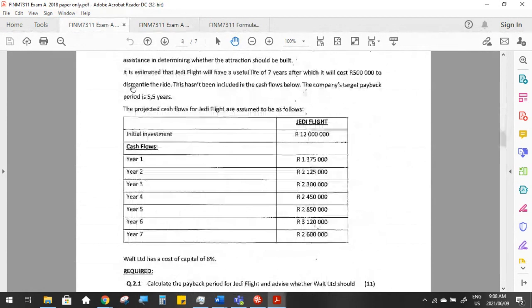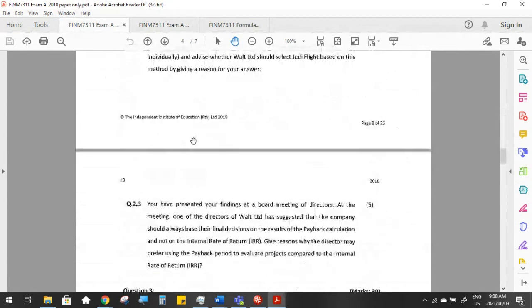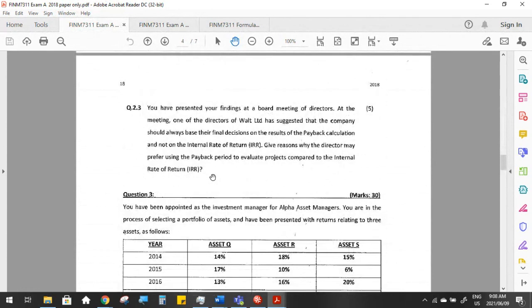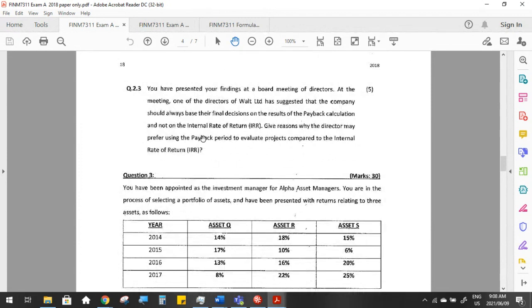And then the last part was the theory question about you've presented your findings at the board of directors, and one of the directors suggested that the company should always base their financial decisions on the payback calculation and not the internal rate of return. So give reasons why the director may have come to that decision. Why is he saying that?